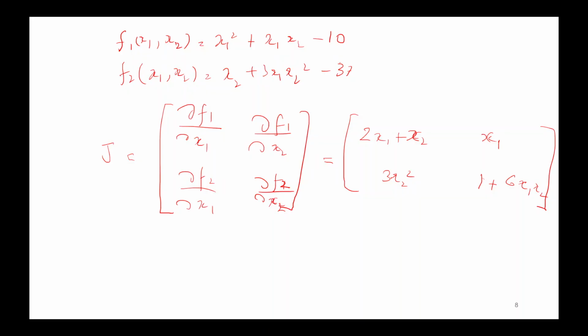So we have two independent variables and two equations. And you can compute the Jacobian at a particular point. Suppose you need the Jacobian at (6, 1). So you need to put x1 here as 6 and x2 here as 1. So you can compute that and take the inverse of that, and then whatever will be f(x).